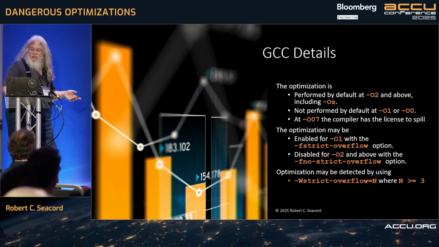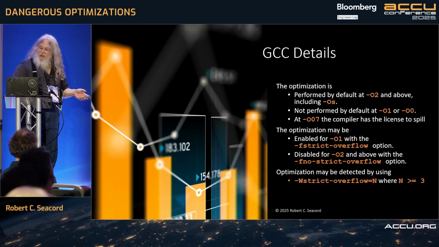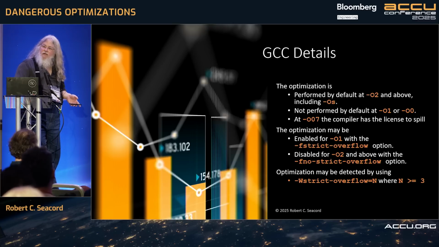And I was talking about this, I don't think I finished my story. The optimization can be detected using strict overflow equals n, where n is greater than or equal to 3. But this was just to shut us up. And as of GCC version 8, they stopped maintaining this flag, right? So now it only works sometimes. It doesn't always work. It gives false positives, in fact.